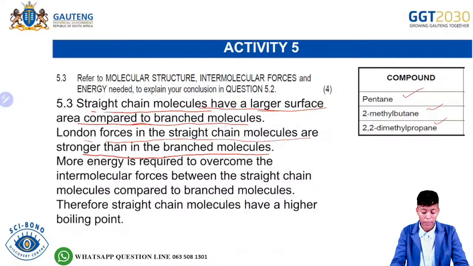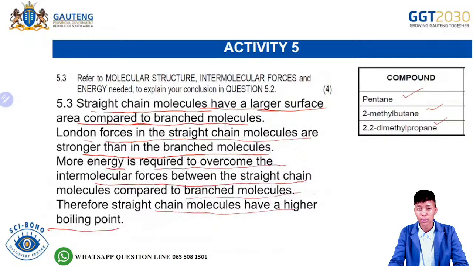And then from there, we can therefore talk about the energy. More energy is required to overcome the intermolecular forces on the straight chain as compared to the branch molecules. Therefore, straight chain molecules will have a higher boiling point.